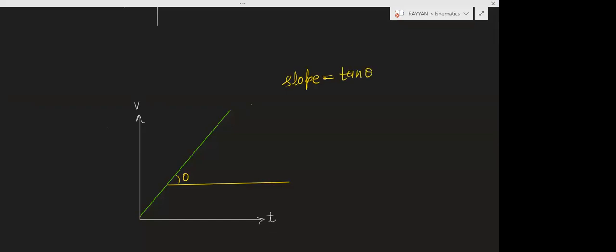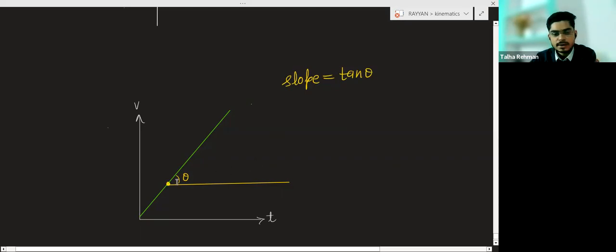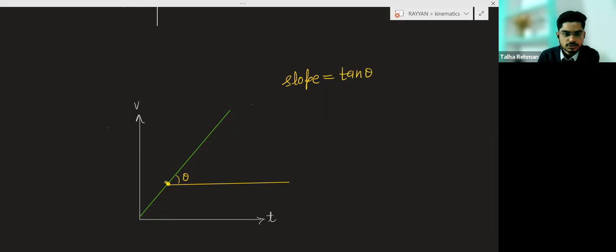Now see. This is some point. Suppose at this point the velocity is v1 and time is t1. Now take another point.